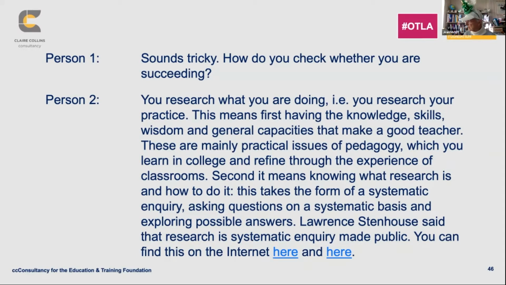Second, it means knowing what research is and how to do it. This takes the form of a systematic inquiry, asking questions on a systematic basis and exploring possible answers. Lawrence Stenhouse said that research is systematic inquiry made public. You can find this on the internet here and here.